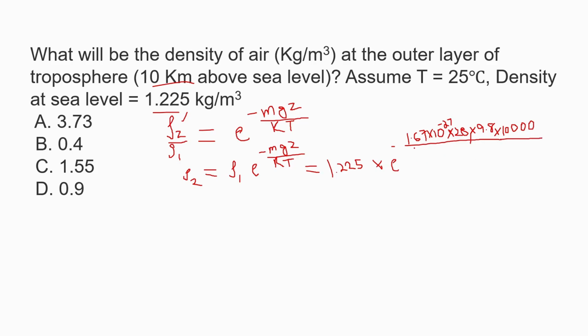Then Boltzmann constant, 1.38 into 10 to the power minus 23, into 298 Kelvin.